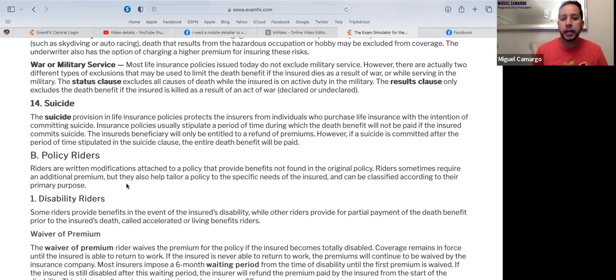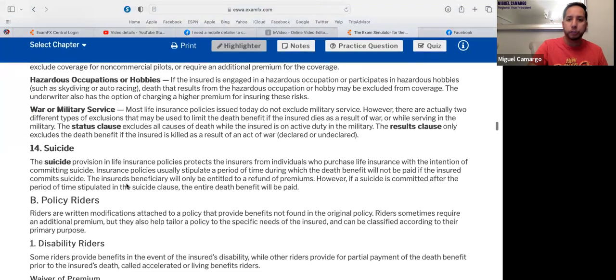If they commit suicide within the first 2 years, the beneficiary can get a refund of all the premiums they paid. So that's a big one. Those are all you need to know about exclusions, or reasons a policy won't pay out.